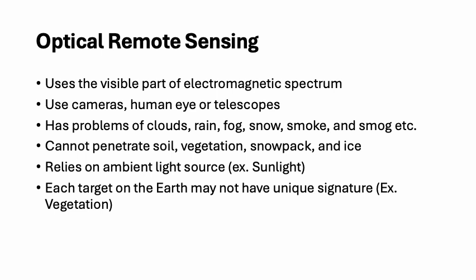The images get affected by clouds, rain, fog, snow, smoke and smog, and it cannot penetrate soil, vegetation, snowpack and ice. Each target on the earth may not have a unique signature. For example, vegetation. It's very difficult to classify one type of crop from another using optical remote sensing.